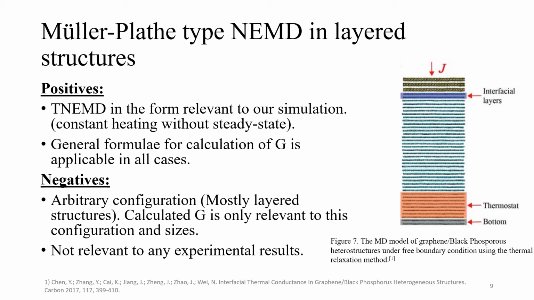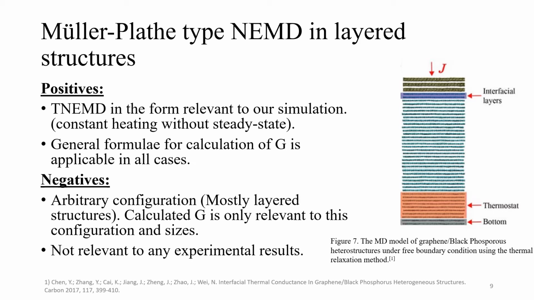We want to heat the nanoparticle, and we want to use as little thermostat as possible. But the configuration of this system is not similar to what we are trying to simulate. These are layered structures, and we want to have an outward heat transfer from the nanoparticle that is not similar to this.